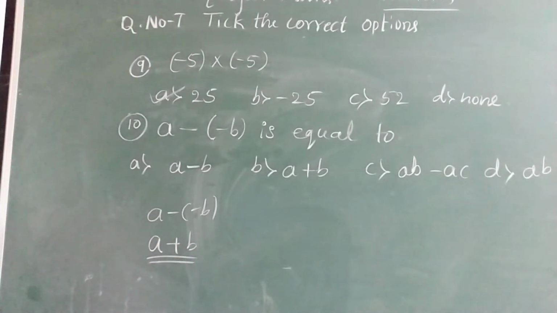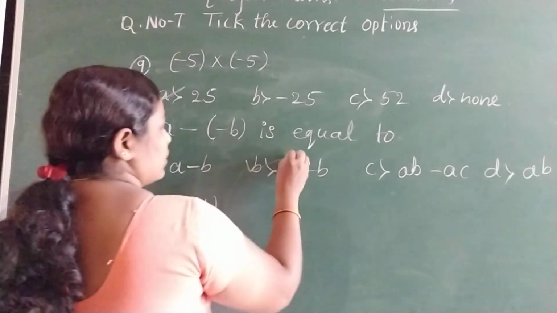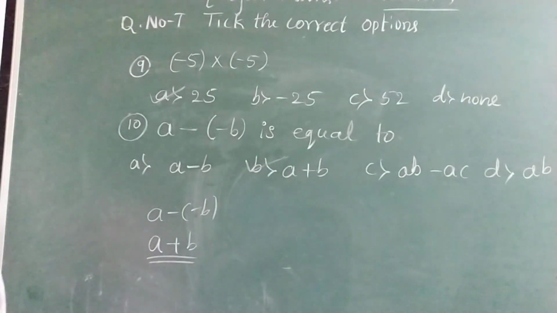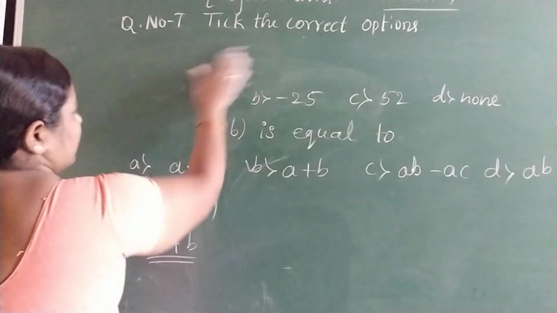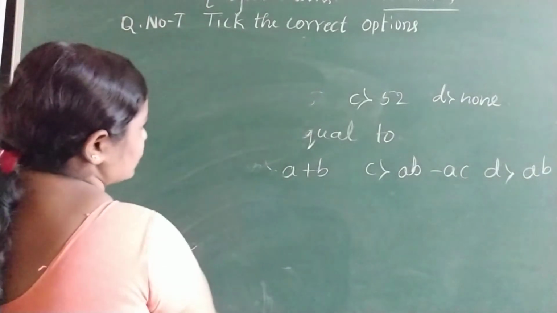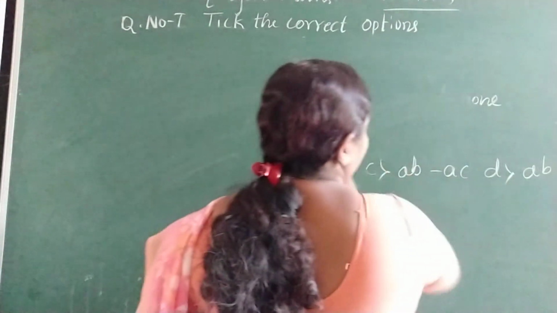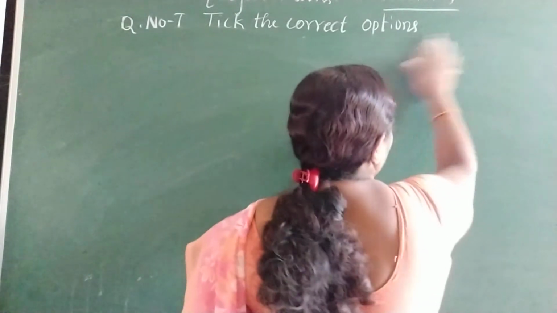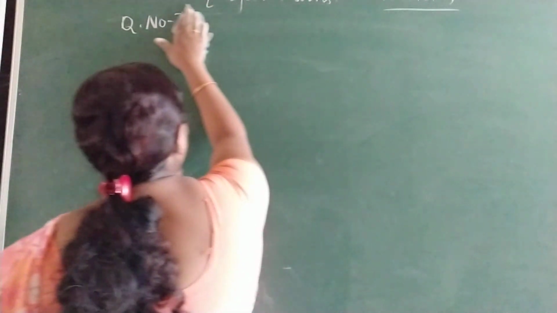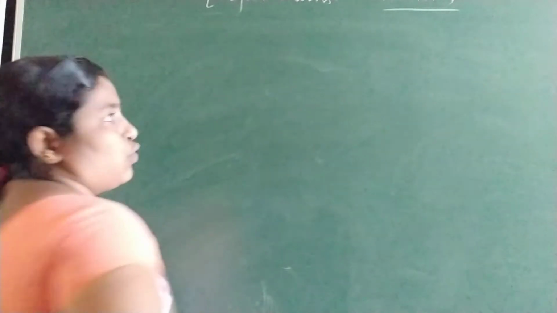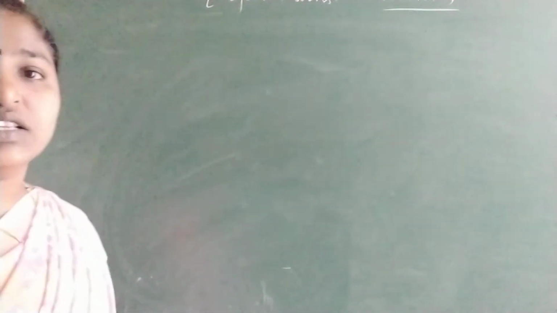So the answer is A plus B. These are the tick-the-correct-option questions given below. Each will be for 1 mark, you will get 4 options, and you have to think about it and then select the answer.